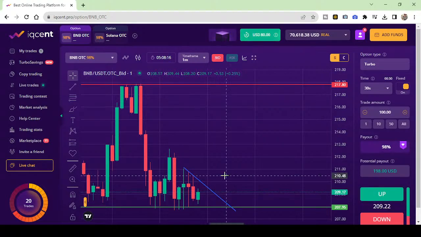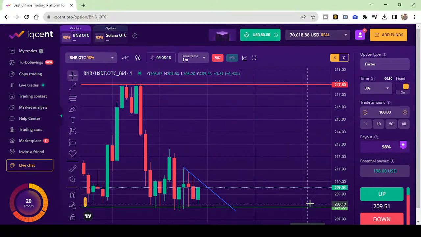So right now we prefer that you break this blue line. Otherwise this blue line can also push us down and break our support, the green line. We had a touch of the green line down there, but it moved too fast for me to get the entry.